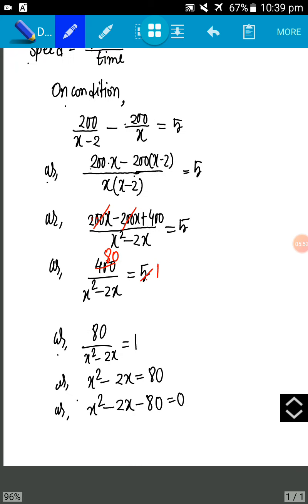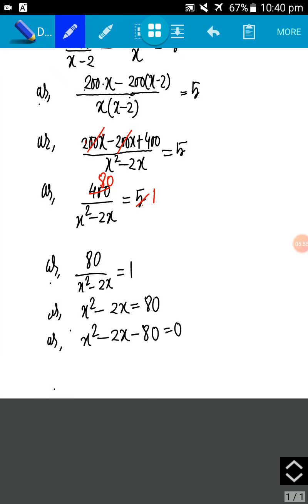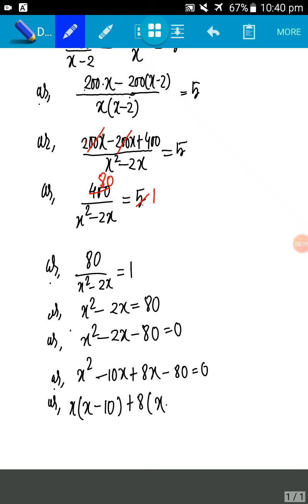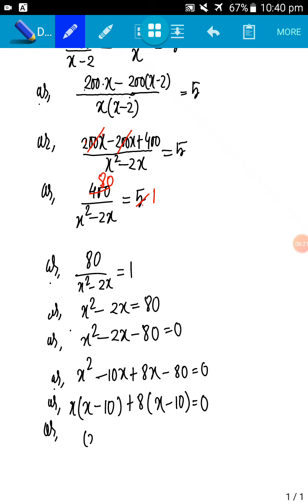Now we have to do the middle term split. I think you can get easily that if we take minus 10x and plus 8x, we will get minus 80 and minus 2x also. Now by taking x common we get x minus 10, and from here 8 common, x minus 10, equals 0, and finally x minus 10 into x plus 8 equals 0.